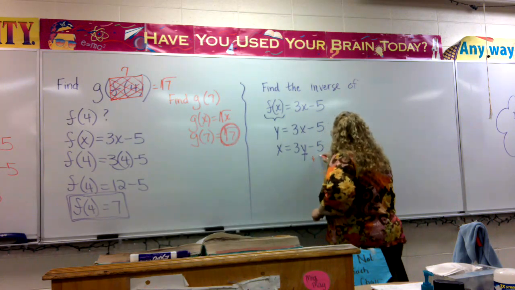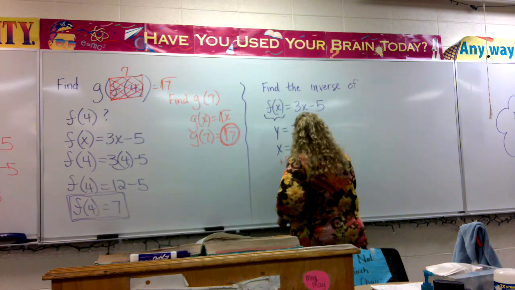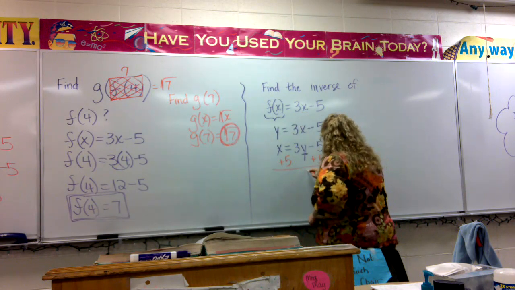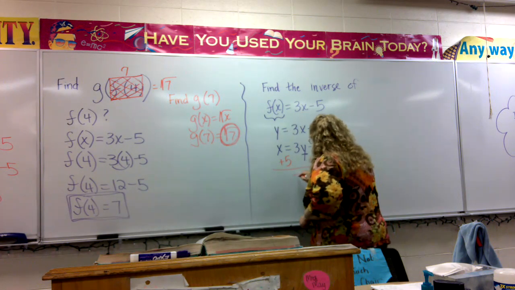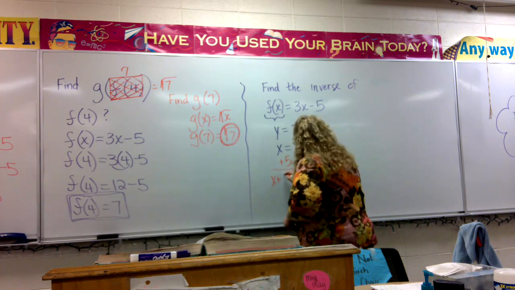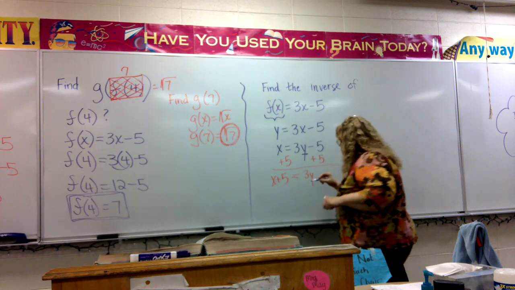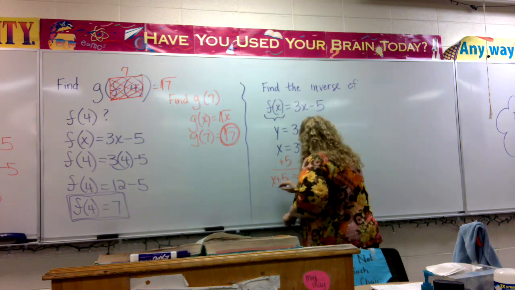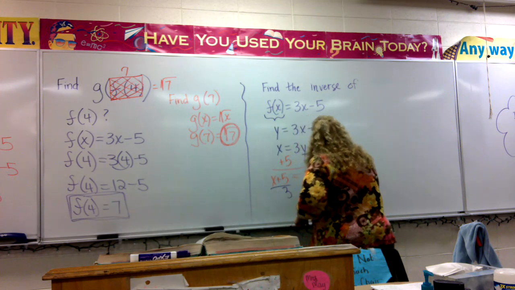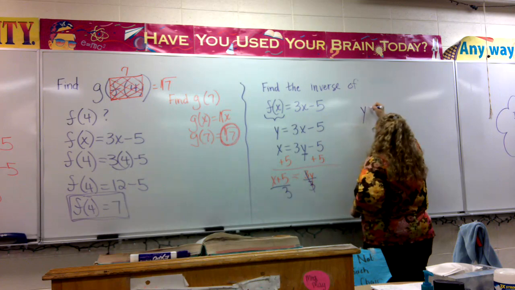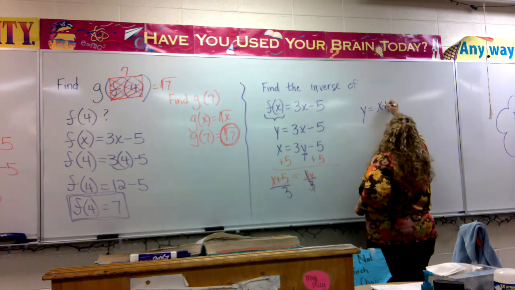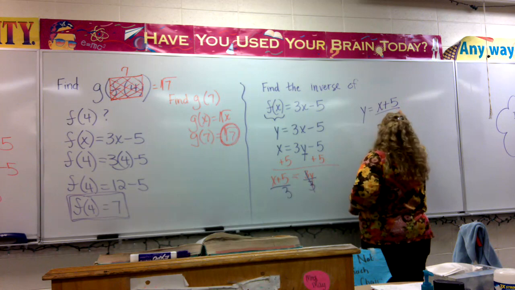I think I would add 5. And so you get 3y equals x plus 5. Then divide by 3, divide by 3. And so you get y equals x plus 5 over 3.